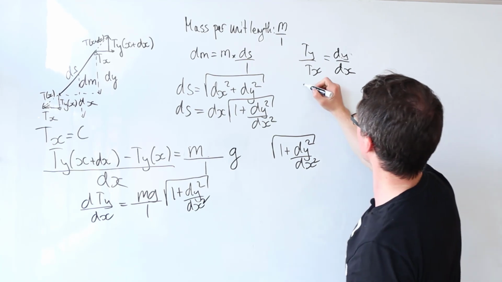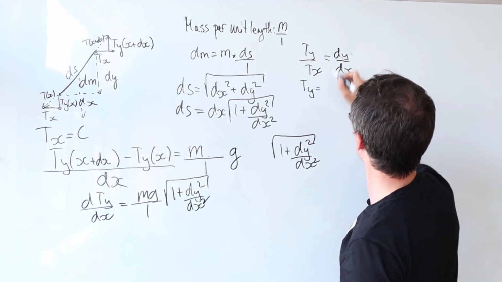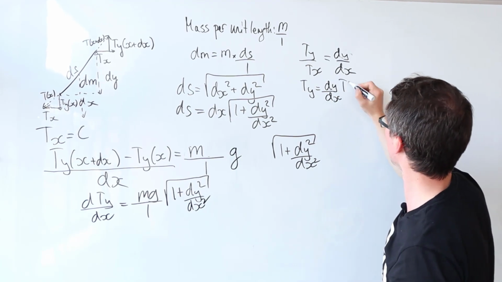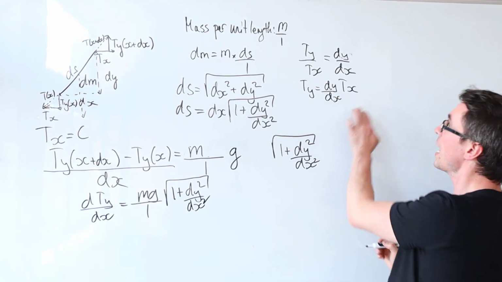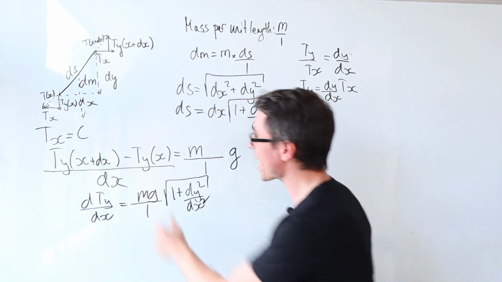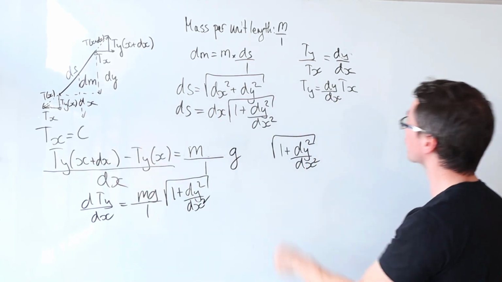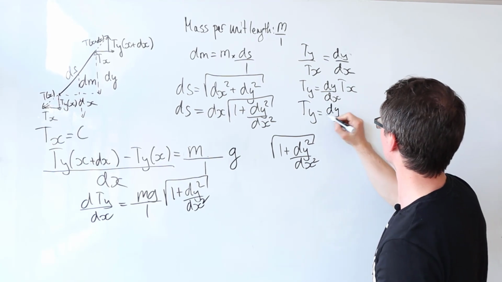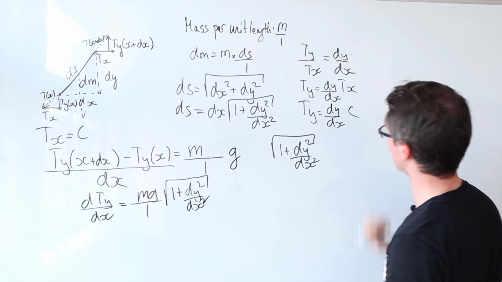So this means that ty will be dy by dx multiplied by tx. However, remember that tx was indeed a constant, so this here means that ty will be dy by dx multiplied by a constant.